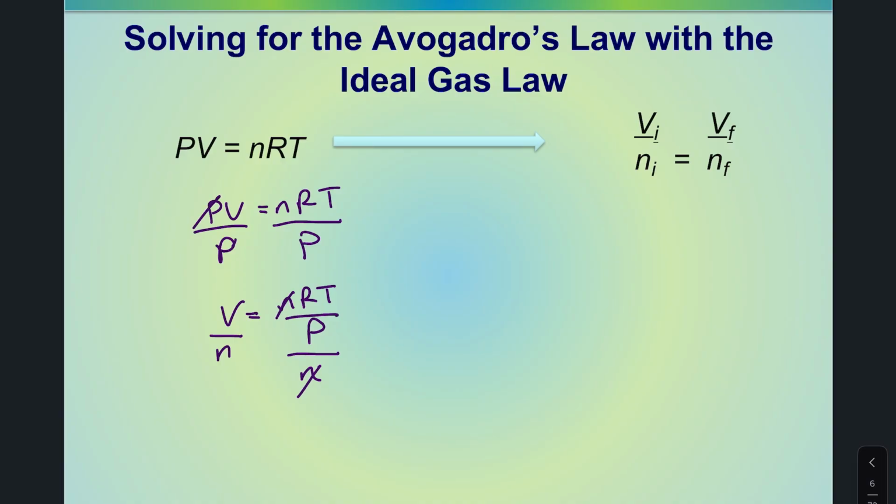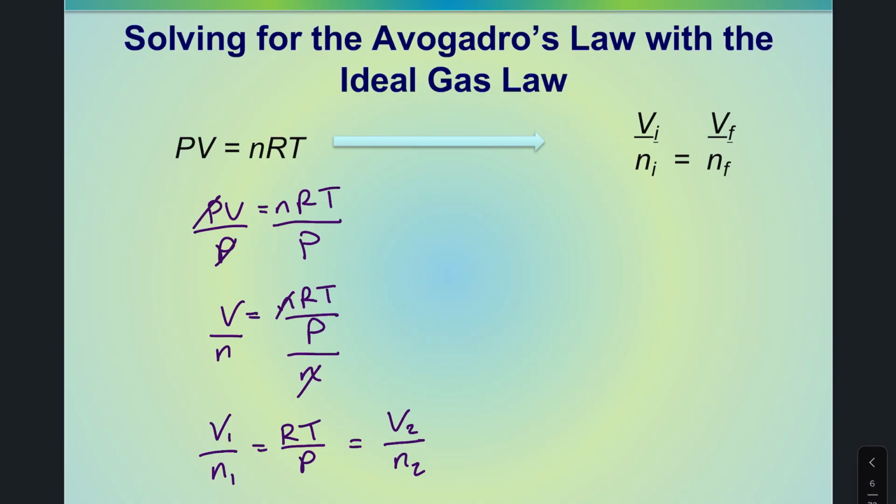We can cross out the things that are no longer with us, and we have V1 over n1 equals RT divided by P. All of these are constant, which means that we can set that equal to V2 over n2.